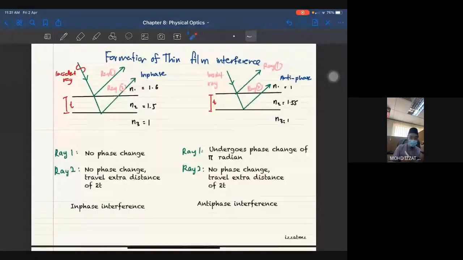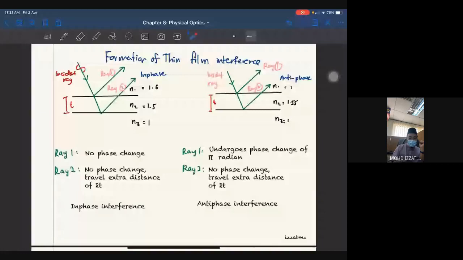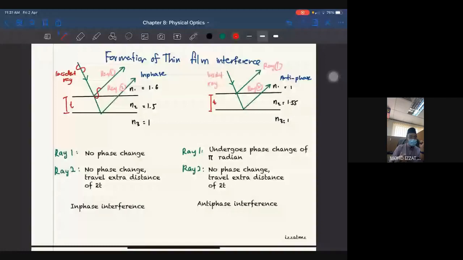So if there is no phase change, we assume we keep the original shape here. Now you have to ask yourself about the second ray. Is there a phase change? No, none either, because it goes from 1.5 to 1, from high refractive index to low refractive index.